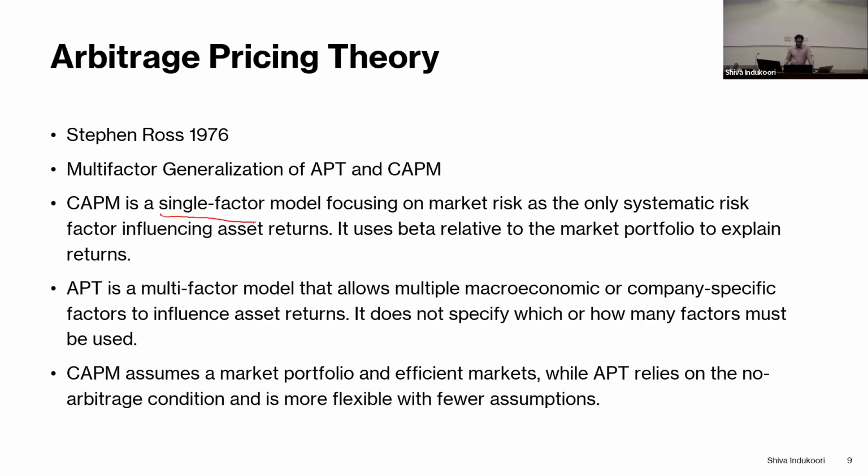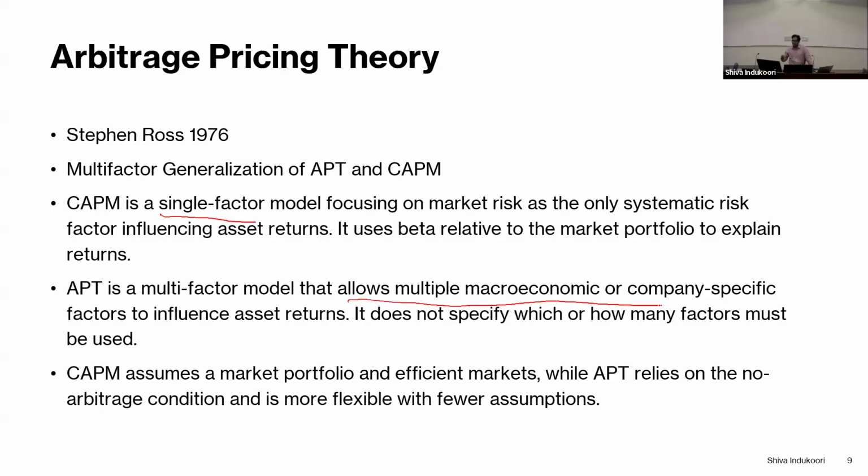The difference here is that it allows multiple macroeconomic or company-specific factors. In the case of CAPM, it is very clear and specific: it's market, nothing else influences your returns. In the case of the 2-factor model, risk-free and market.